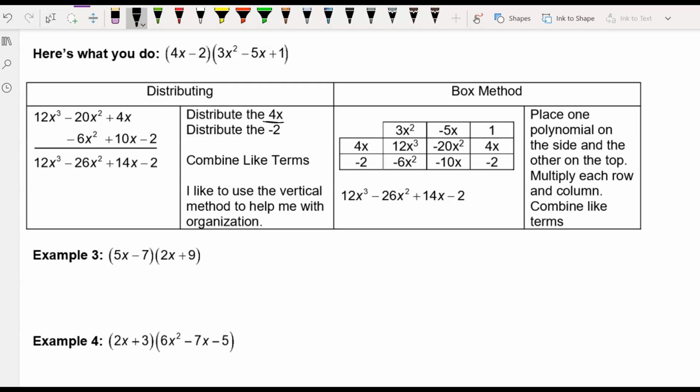So multiplying by 4x: 4x times 3x squared, times negative 5x, times the 1. And then you do it to the 2. So negative 2 times all three of those. And then you add those two together.